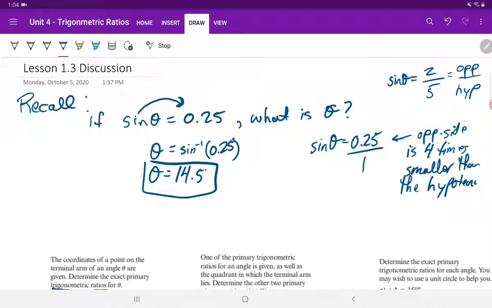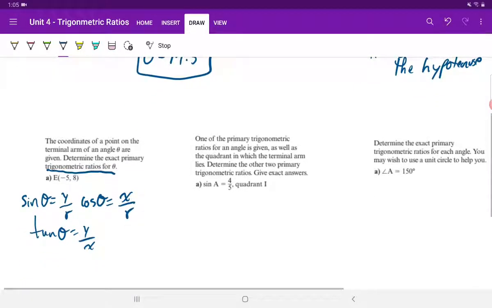So if the hypotenuse is 1, then the opposite side is 0.25, or 4 times smaller than the hypotenuse. So don't be alarmed when you see a ratio like this that doesn't look like it has a fraction. All it means is that, in our case, because it's the sine ratio, the opposite side is 4 times smaller than the hypotenuse. Okay, moving on.